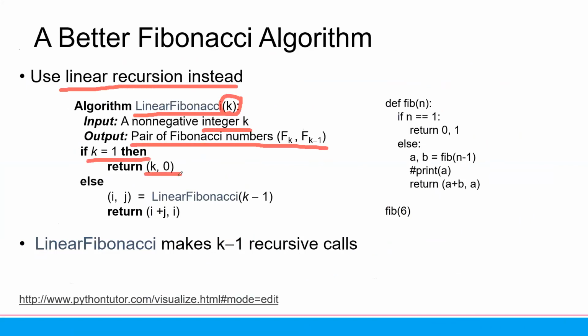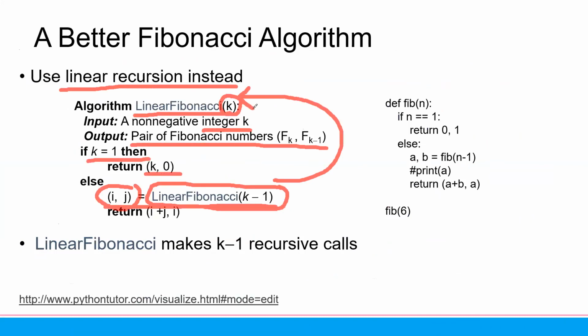If not, then I would like to know two numbers, i, j, and it will be the linear Fibonacci k minus 1. So I will call again the function linear Fibonacci, and it will return multiple values. So it will always return multiple values.